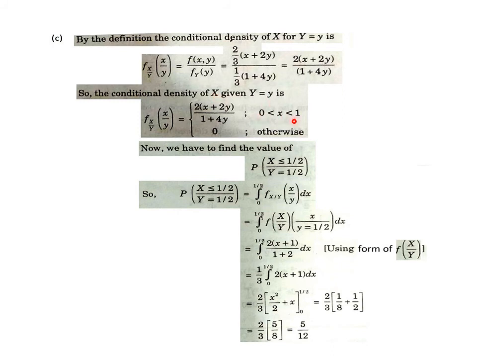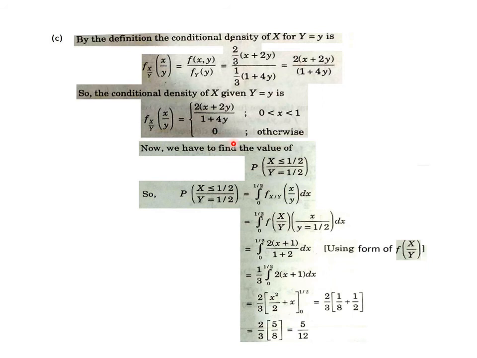Because Y equals y has already occurred, limits are kept over x only, between 0 and 1. That is the conditional density of x given Y equals y for 0 less than x less than 1, and in all other cases the conditional density is 0.